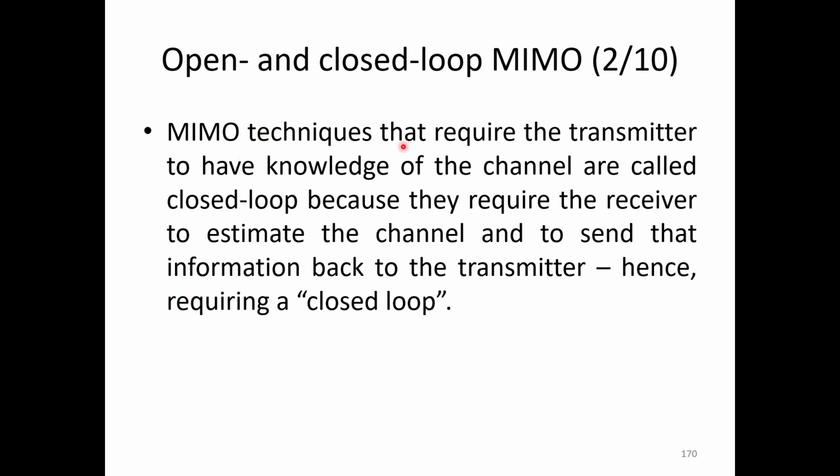MIMO techniques that require the transmitter to have knowledge of the channel are called closed loop, because they require the receiver to estimate the channel and to send that information back to the transmitter, hence requiring a closed loop.